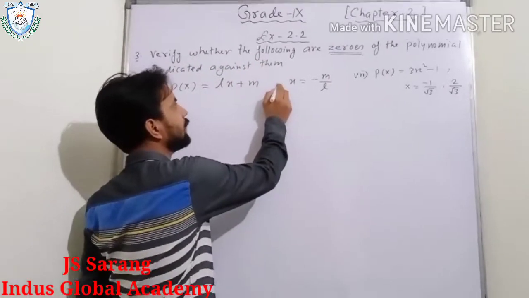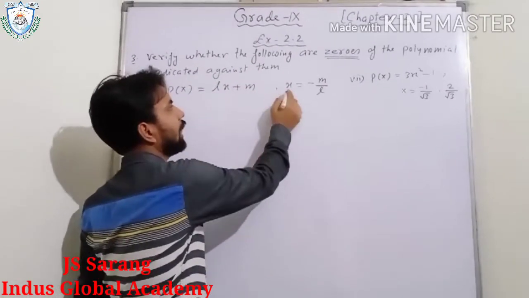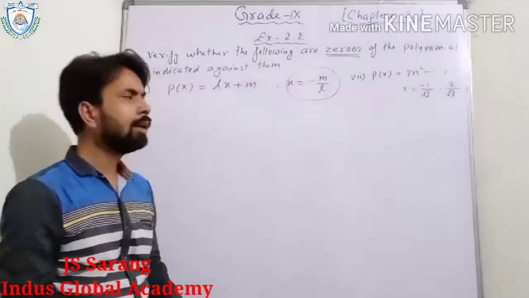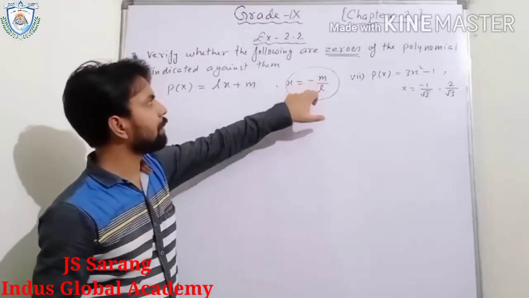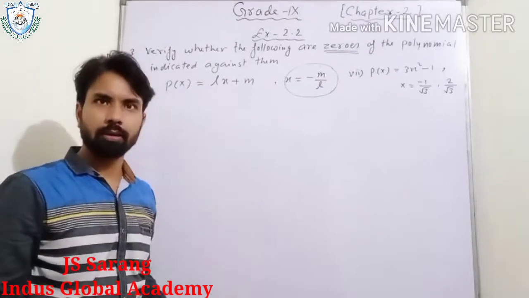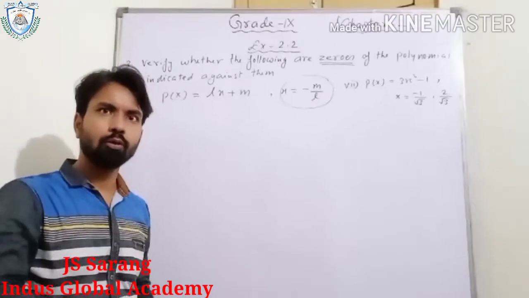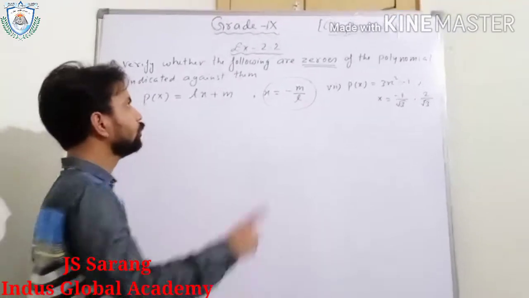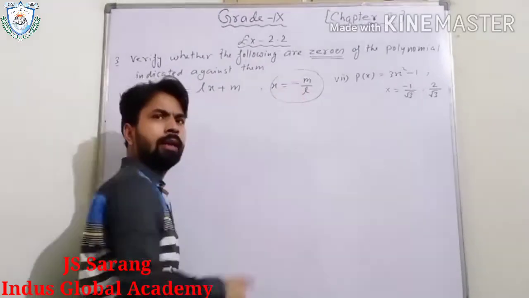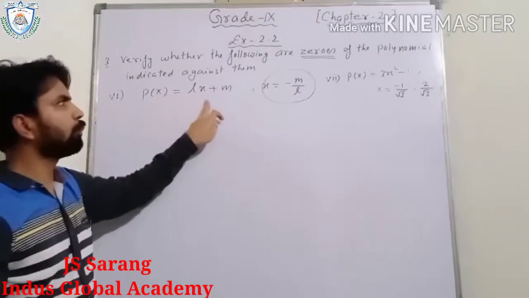So what is indicated against them? x equal to minus m upon l. So we have to verify that minus m upon l is the zero of this polynomial or not.